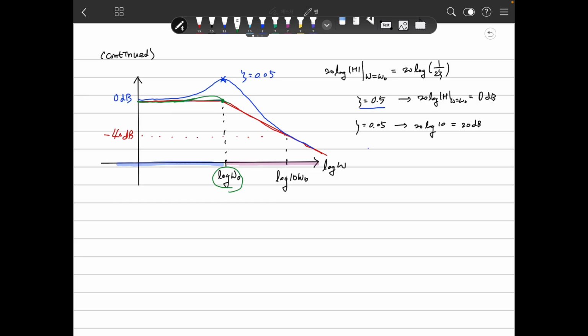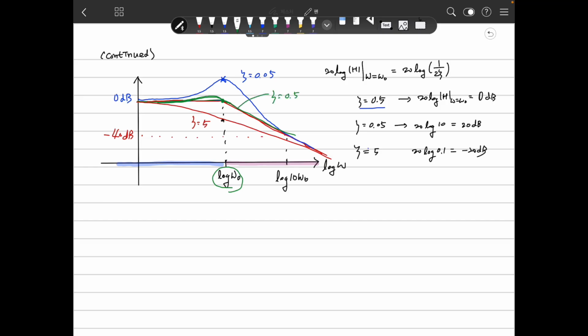And for example, when zeta is 5, then 20 log 0.1 is minus 20 dB. So that means here. In this case, the plot looks like that. This is when zeta is 5.